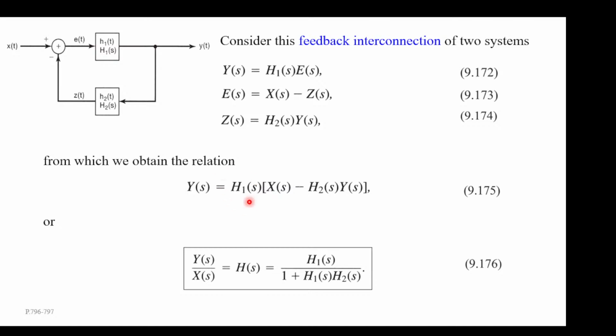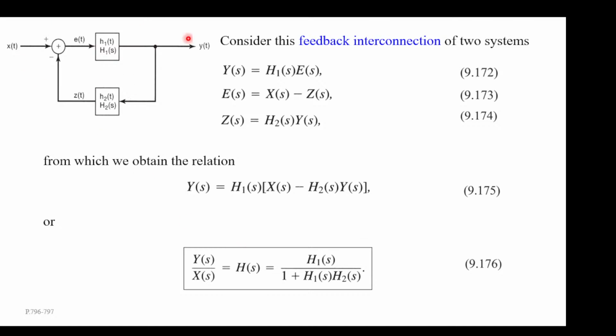H1 is just some function of s. And E(s) becomes X(s) minus Z(s). And Z(s), you substitute by H2 and Y again. So now you have Y(s) is just H1(s) times X(s) minus H2(s) Y(s). And then you move things around and divide Y(s) by X(s).